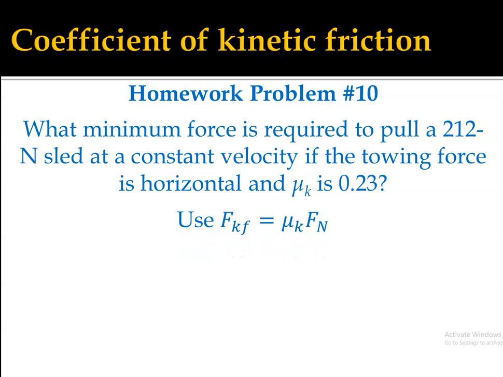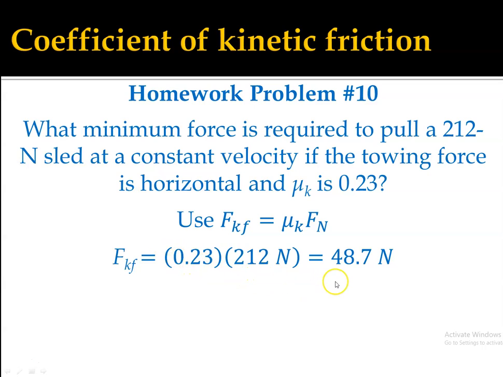So we would use this equation to solve for that, and we would use that equation in that form. And we would realize that in order to get this thing sliding at a constant velocity, it would take about 48.7 newtons. Now again, note that the sled is 212 newtons, and this value is less than that.